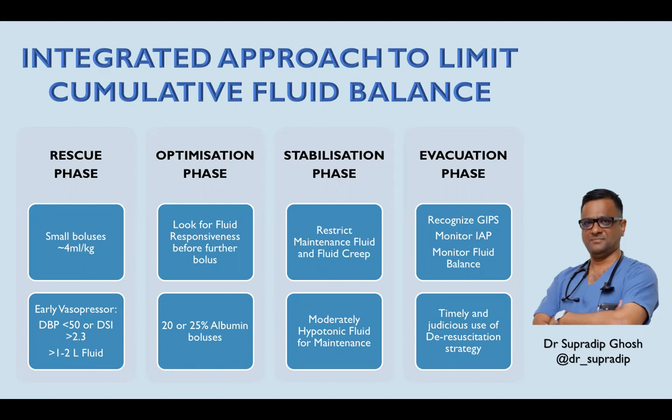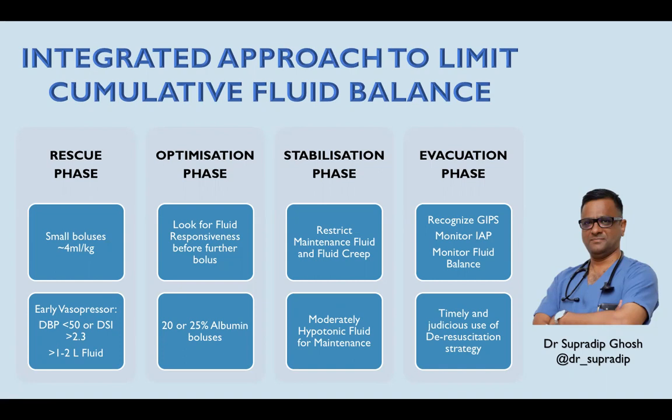But instead of giving a 30 ml per kg body weight fluid as recommended by some guidelines, it is better to follow the original description of Sir Thomas Latta and give a small volume of fluid and see how much is the effect on our patient. And how much should be the small volume? Probably 4 ml per kg is a reasonable approach, as suggested by Dr. Aya and team.